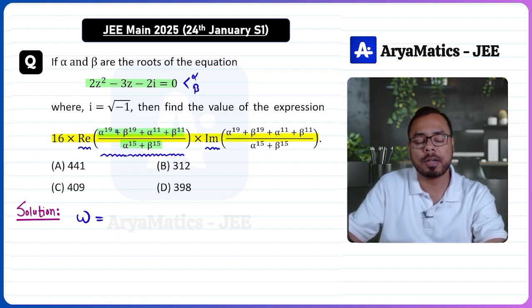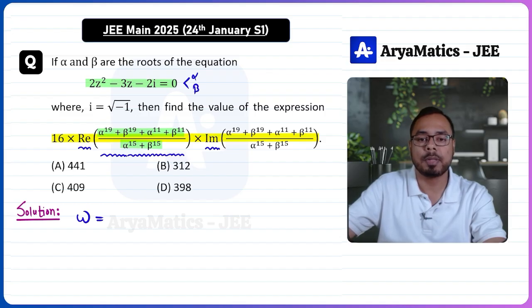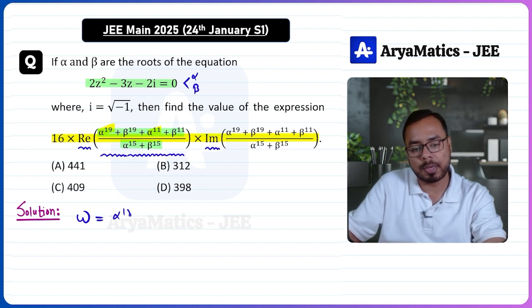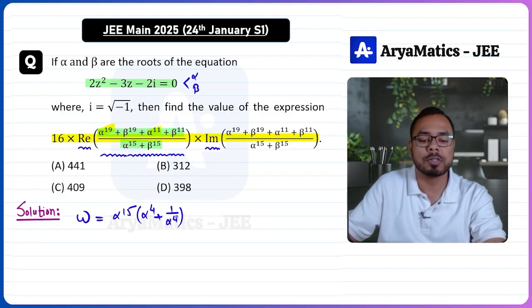Now see, what we can do is that in the denominator you have alpha raised to 15 plus beta raised to 15, so try to create the same thing in the numerator. From these two terms, alpha raised to 19 and alpha raised to 11, you can take alpha raised to 15 common, and that means we have alpha raised to 4 plus 1 by alpha raised to 4. We'll see how to find the value of this one.